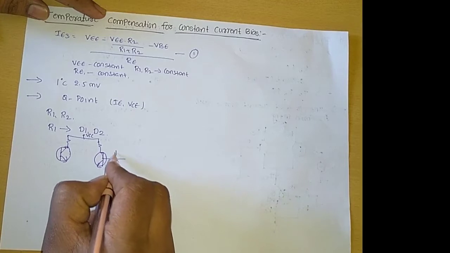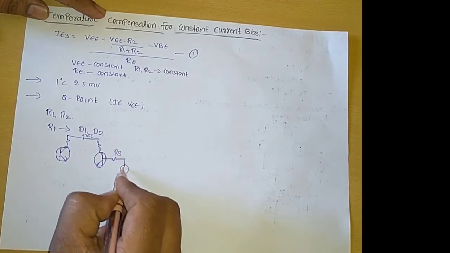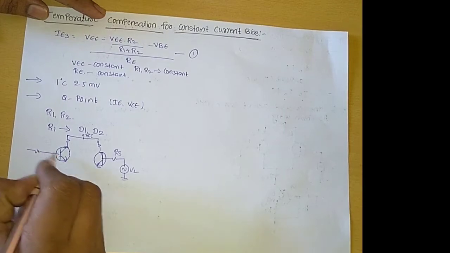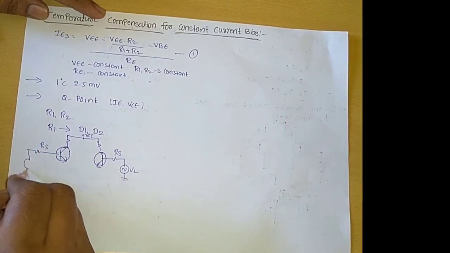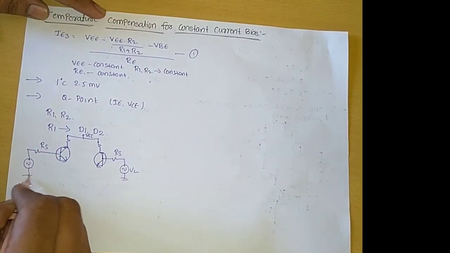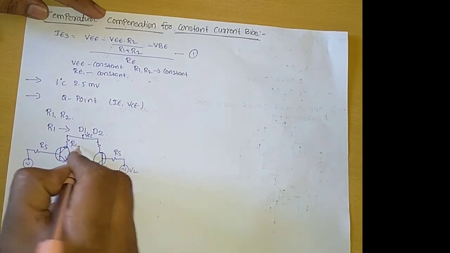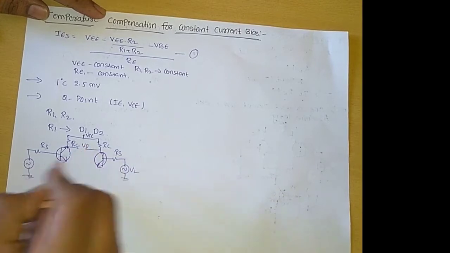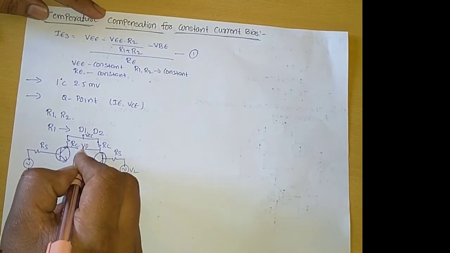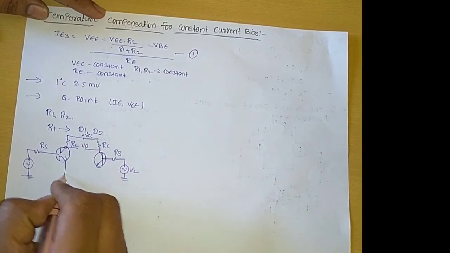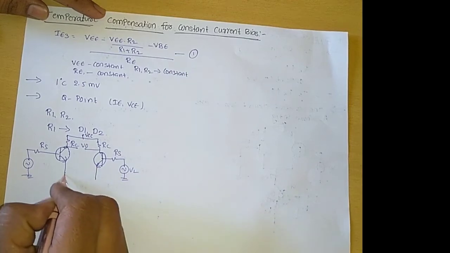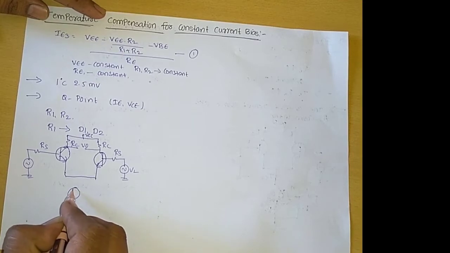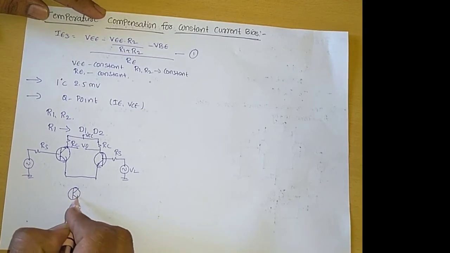Here we connect RS and the input voltage V2, and here we connect RS and the other input voltage, and this is the RC, and here we take the output. Based on these two inputs and the output connection, this is called dual input balanced output, and here we connect the constant current source.